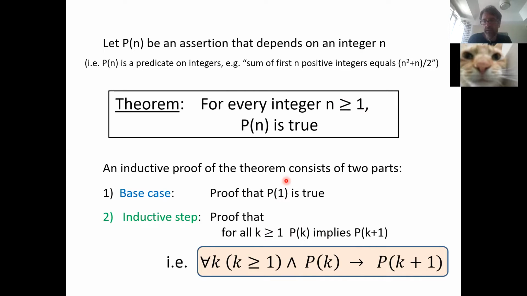It's a sort of meta statement that you can prove any predicate holding over an infinite range as long as you prove, first, that this predicate holds for the first element in the range, and secondly, the following implication: that if it holds for any integer in the range, then it holds at the next. These two statements together basically unroll into proving the statement correct for all integers, positive in this case, in this range. Why is that?